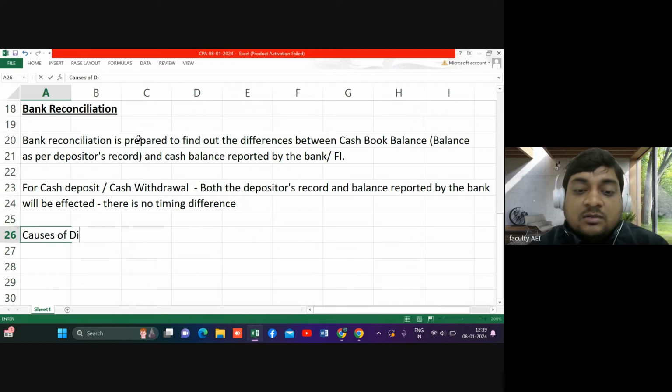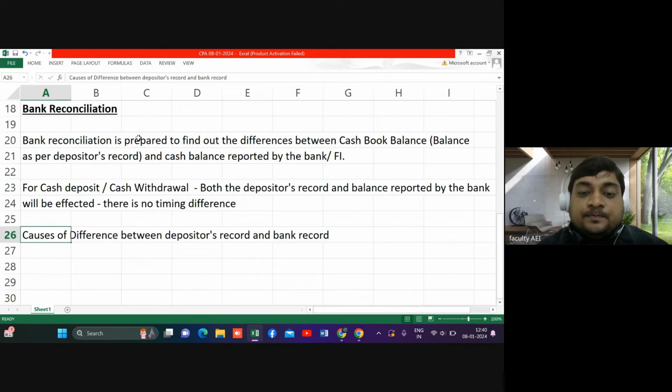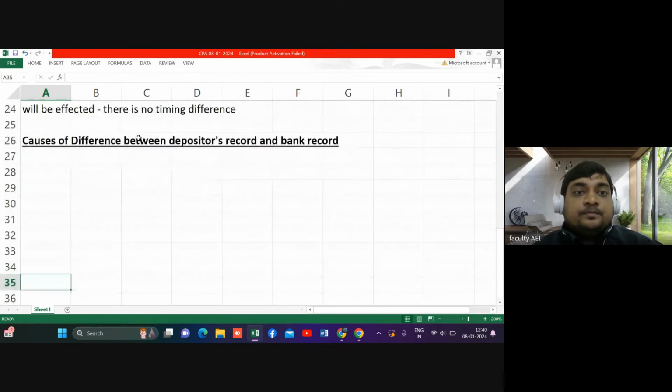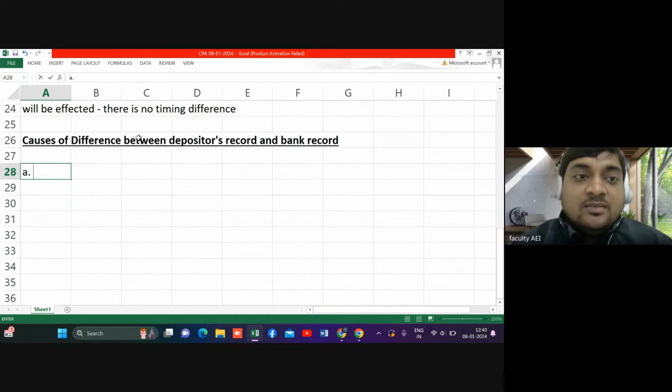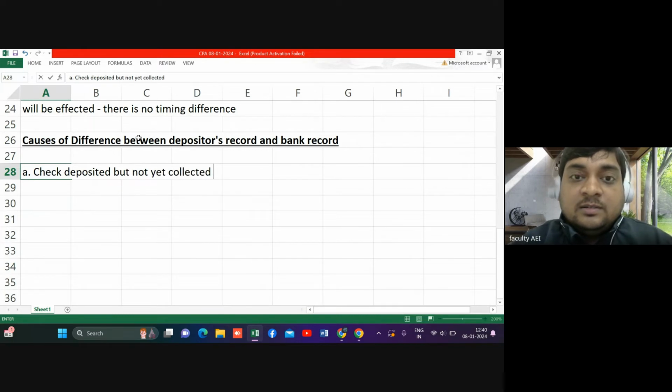Causes of difference between depositor's record and bank record. So one we have check deposited but not yet collected by bank.